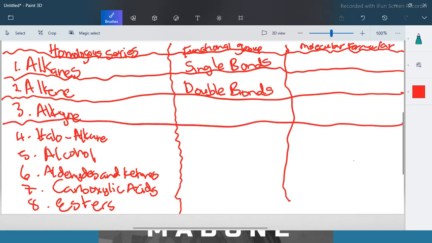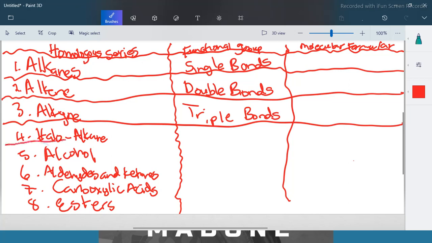Alkynes have a triple bond. The first 3 are very easy. There's no way you can forget that an alkane is a single bond, alkene a double bond, alkyne a triple bond. I hope it makes sense now, how I'm giving you all these functional groups.